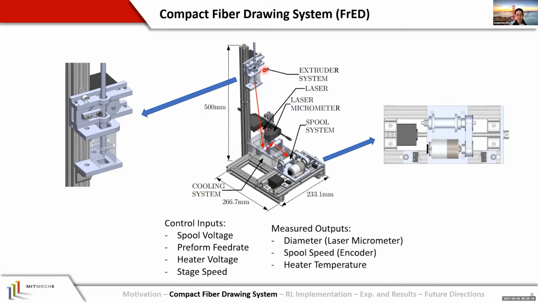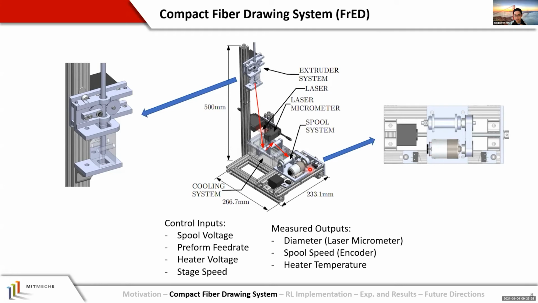First, it has an extruder system where it heats and feeds the preform into the system. After that, the fiber is drawn from the extruder, and there's a laser micrometer that measures the fiber diameter. Lastly, it has the cooling system and the spool system to cool and store the produced fiber.